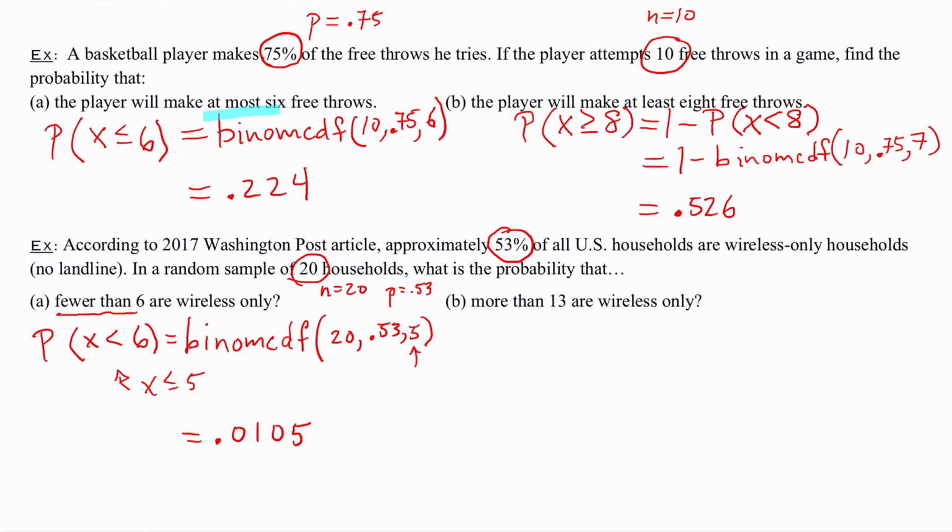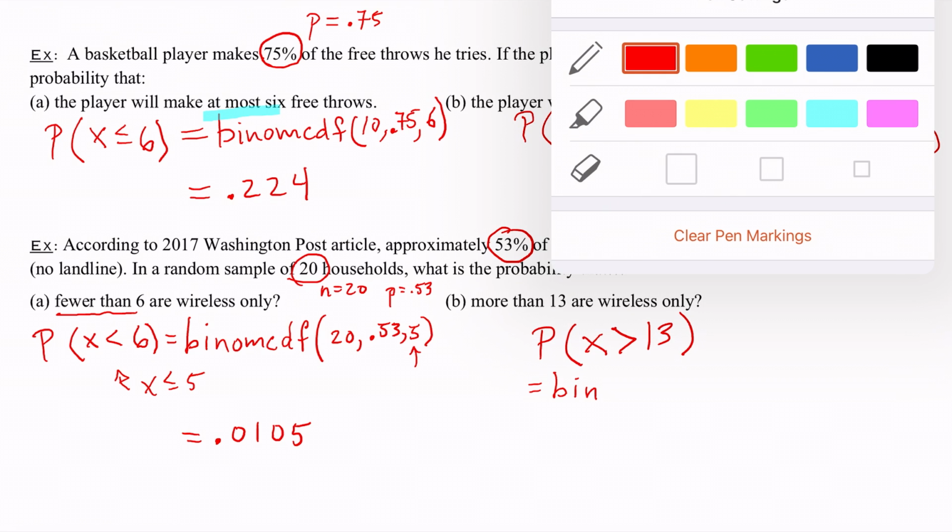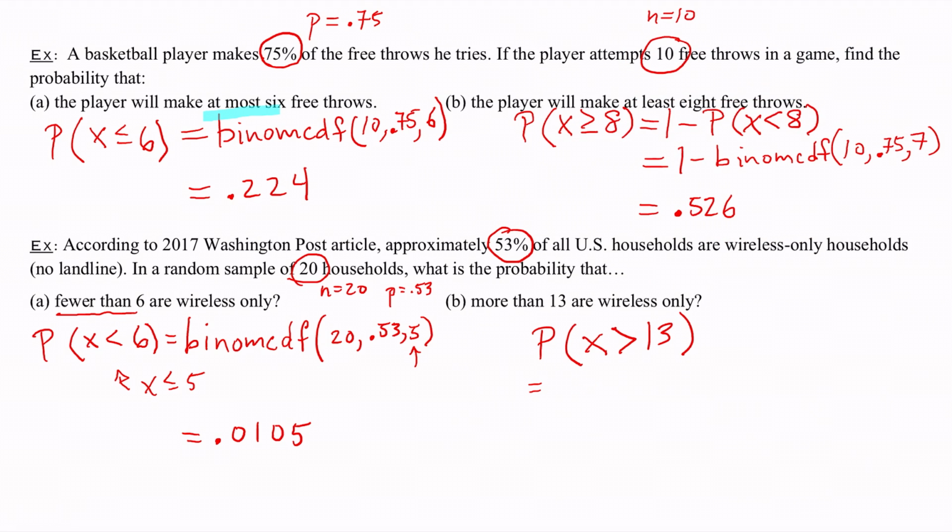In part B, more than 13 are wireless only, so we want the probability that x is greater than 13. Okay, again here we'll do the binom CDF. Oh, sorry, actually, what are we doing first? Let me correct that. We want to use the complement first, right? Because this is the complement of the probability that x is less than or equal to 13.